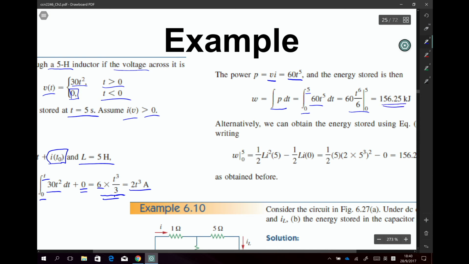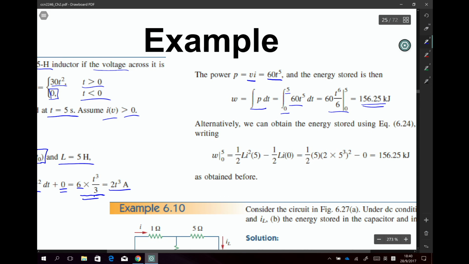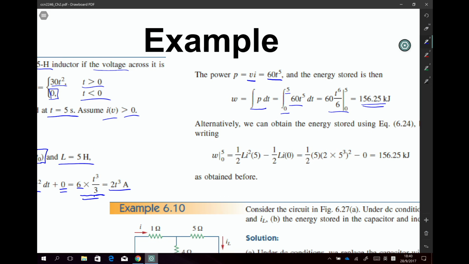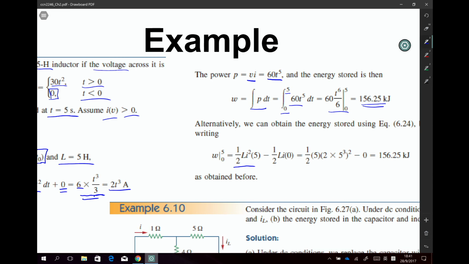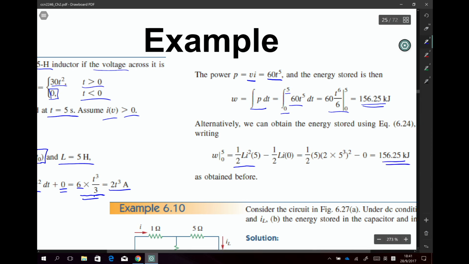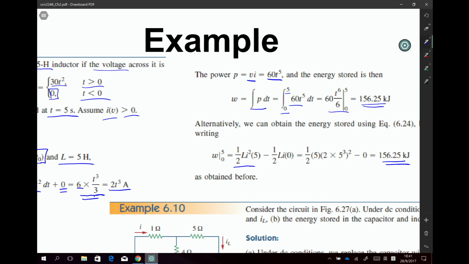At the end, it gives you the energy equal to 156.25 kilojoules. This is one of the methods to find the energy. On the other hand, you can directly apply the formula 1/2 L i squared, substituting the lower and upper limits, and you get the same answer. You can use either approach to solve this example.